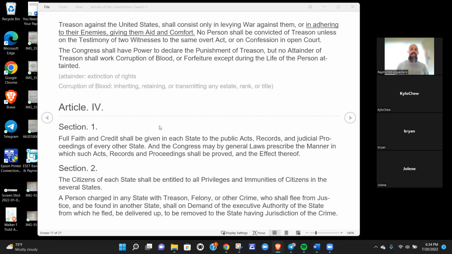Congress shall have power to declare the punishment of treason, but no attainder of treason shall work corruption of blood or forfeiture except during the life of the person attainted. Weird one. I definitely looked up some stuff. Attainder means the extinction of rights, so by being convicted of treason, it doesn't take away all your rights.